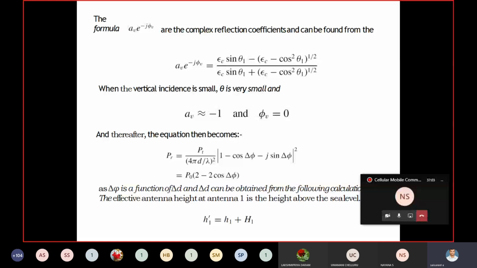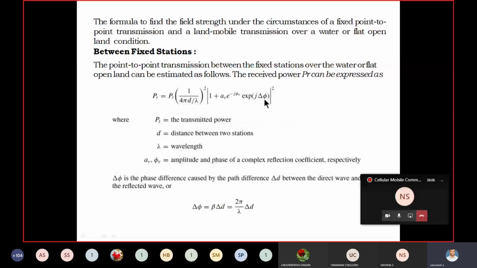Automatically we get the same equation we got yesterday: PR equals PT divided by (4 pi d by lambda) whole squared, times the modulus of 1 minus cos delta phi minus j sin delta phi.